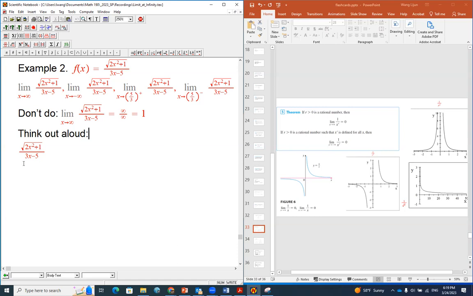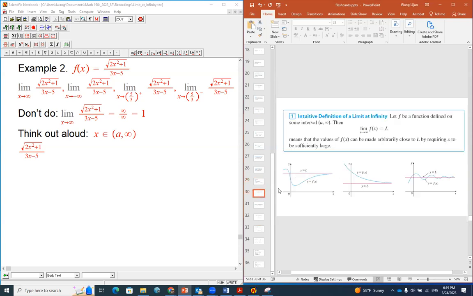Okay, I'm working on something on the scratch paper. All of this work is from a to infinity. Assume x is in that interval. I consider the setting from a to infinity, so x and a are large.